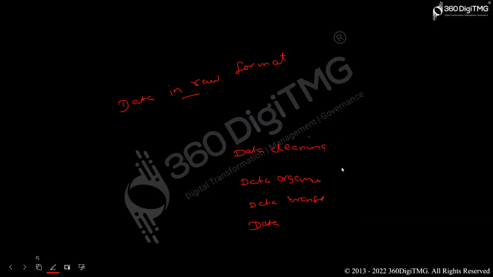We will talk more about it in tomorrow's session, because tomorrow we will have sessions completely for data pre-processing. So first, let me tell you the major data pre-processing things in machine learning.